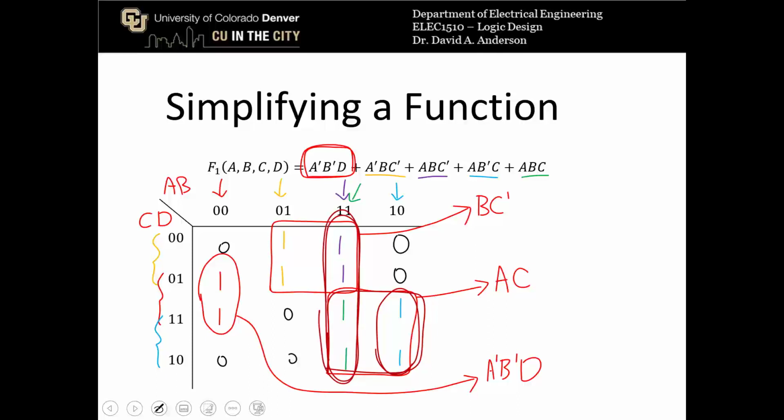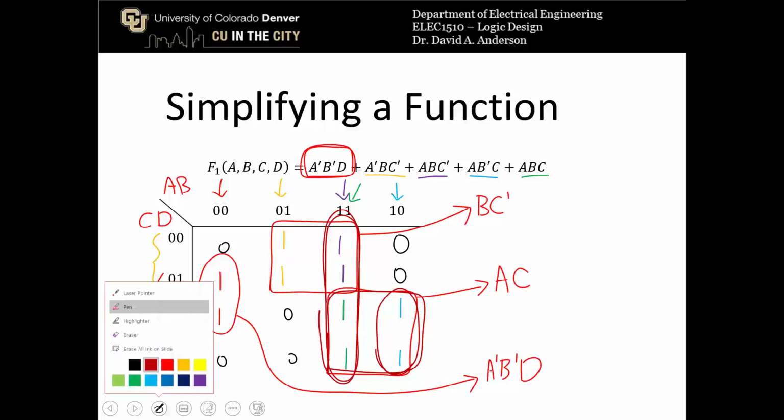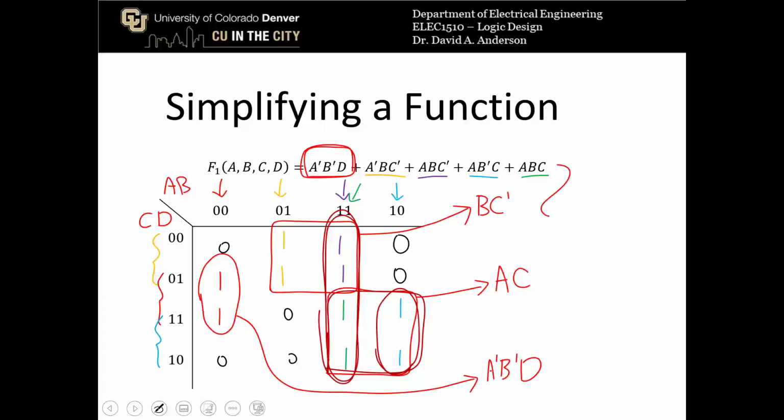So sometimes it looks like there's a row of 4 that's necessary, but you don't actually need it because it's redundant. So then finally, our optimized expression is BC prime plus AC plus A prime B prime D.